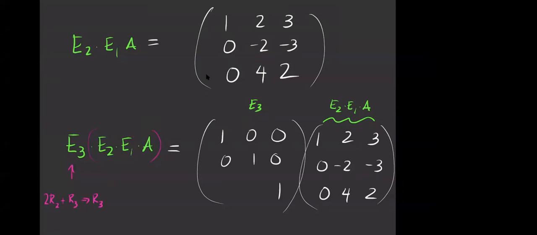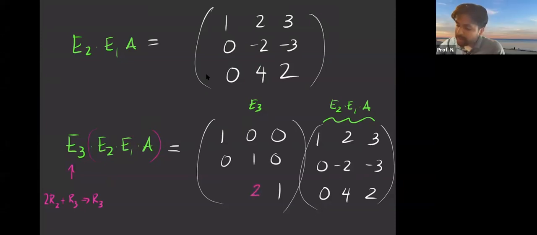Is it 0, 2, 1? That's right. This is 2. This is 0. So the third row is what's being changed, right? I want the third row to change. Hence, the numbers here will be on the third row. I'm taking the second row entries and adding them to the third row entries.